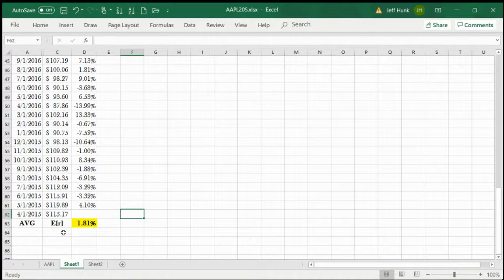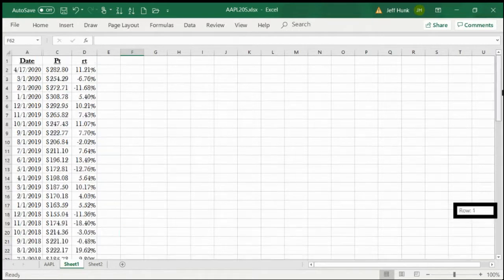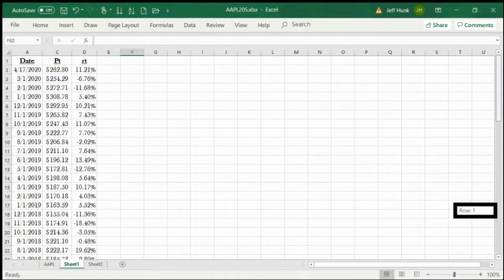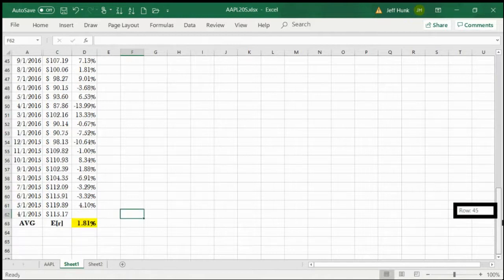Expected return is the mean return. So what this is telling you is that, on average, over the last 60 months, Apple earned a 1.81% return monthly, right?